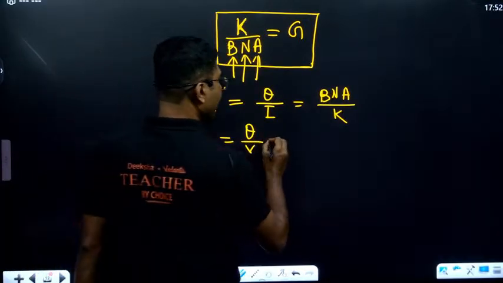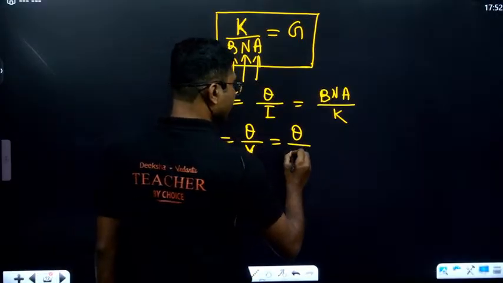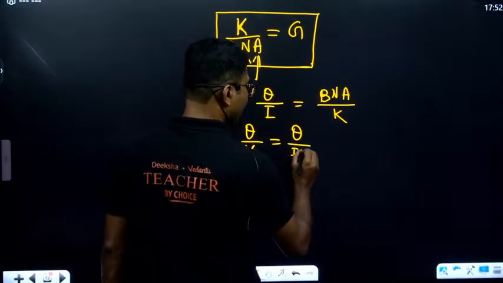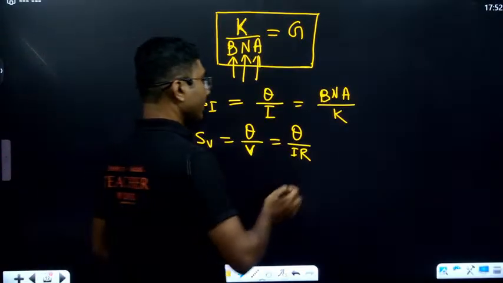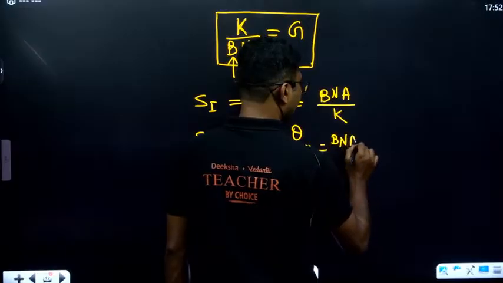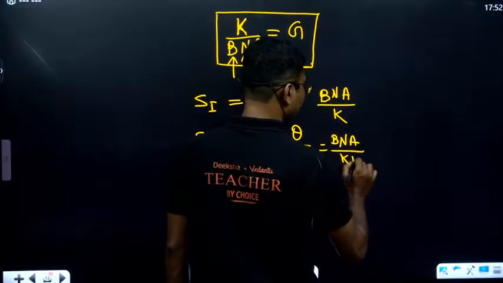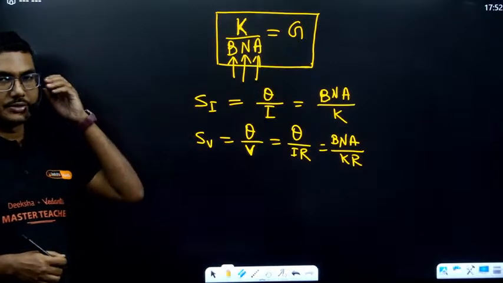What is voltage, by the way? Voltage is I into R, Ohm's law, where R is the resistance of the galvanometer. Then it will be BNA divided by K into R. This is the voltage sensitivity. This is current sensitivity, this is voltage sensitivity.